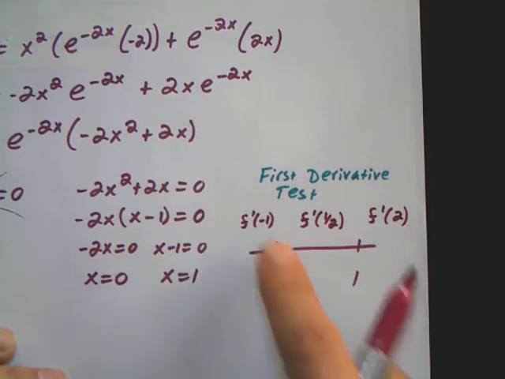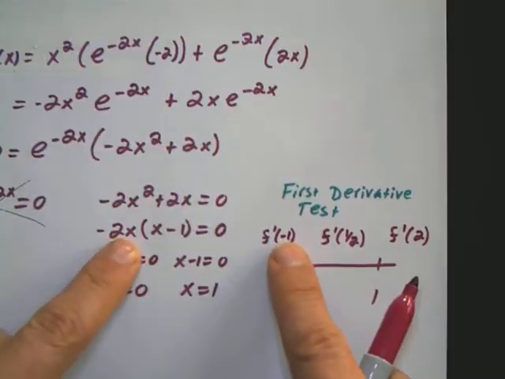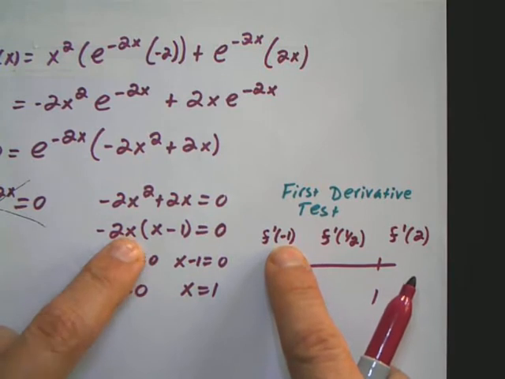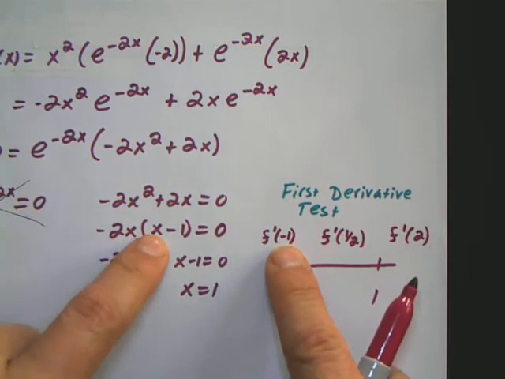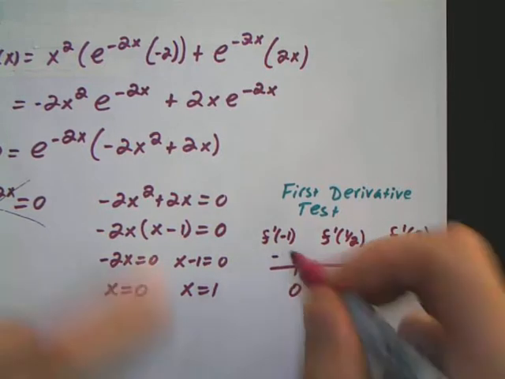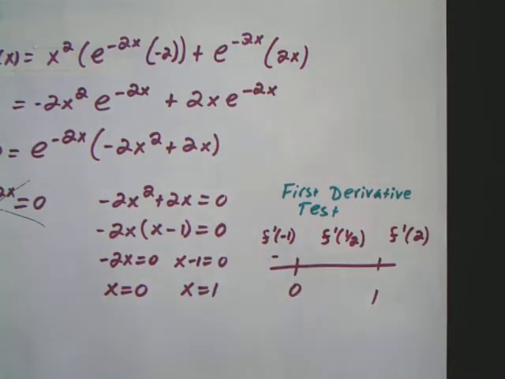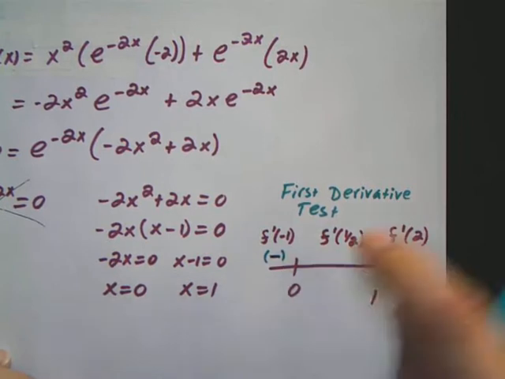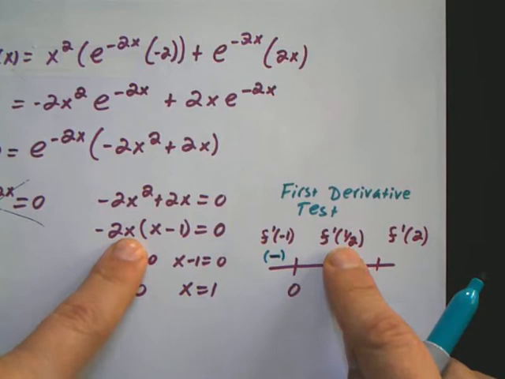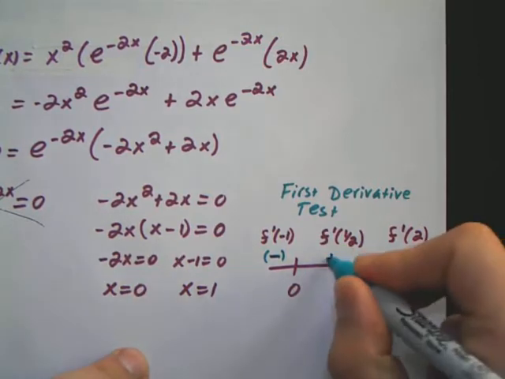If I plug negative 1 into this factored derivative, this is going to be a positive number times a negative number, so positive times negative is negative. If I plug in a half, this is still a negative number, and this is going to be a negative number, so two negative numbers give me a positive.